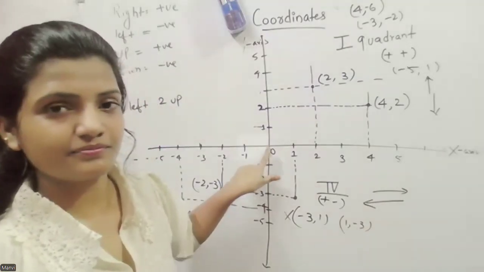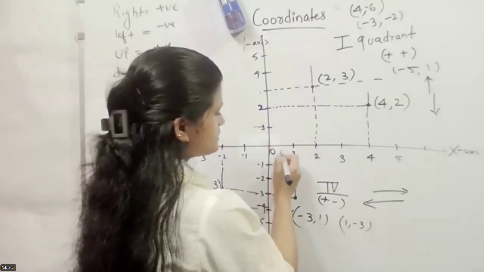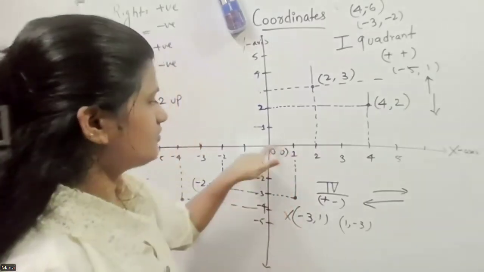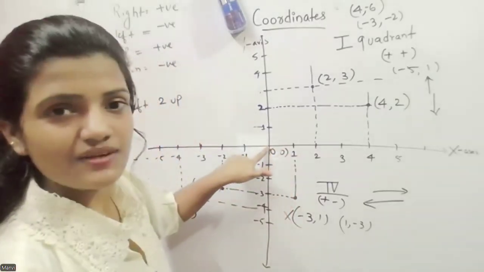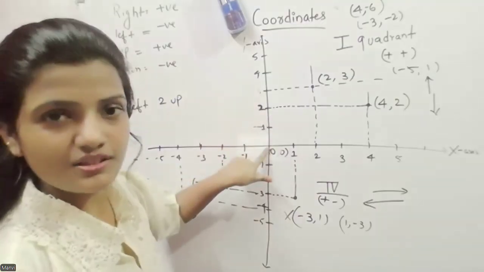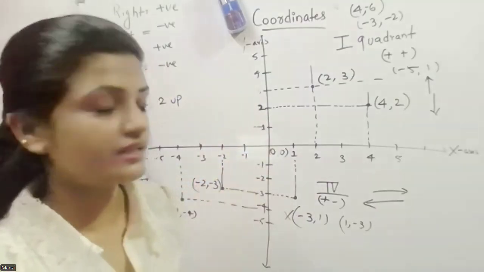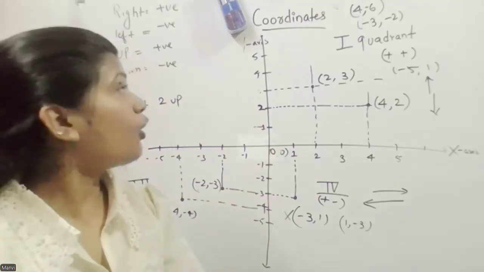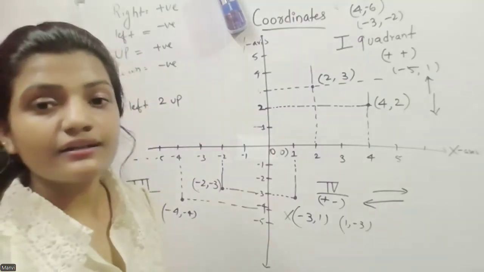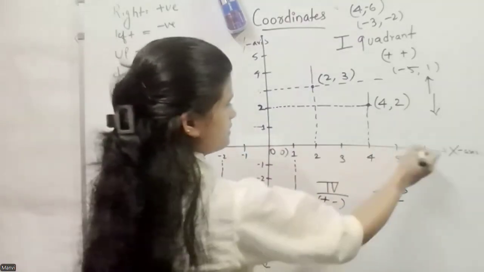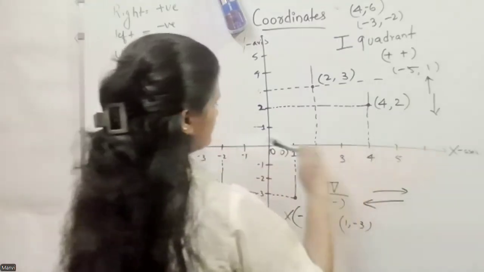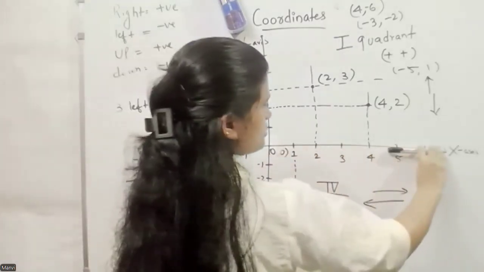It is 0, 0, because for this, the value of X is 0 as well as the value of Y is 0. And one more thing you can see is that all the values of Y are 0 on the x-axis. If we talk about the x-axis, the value of Y is 0.